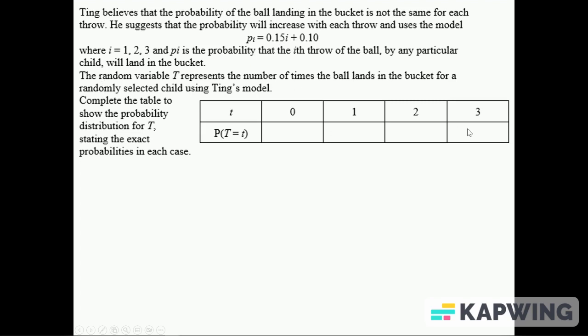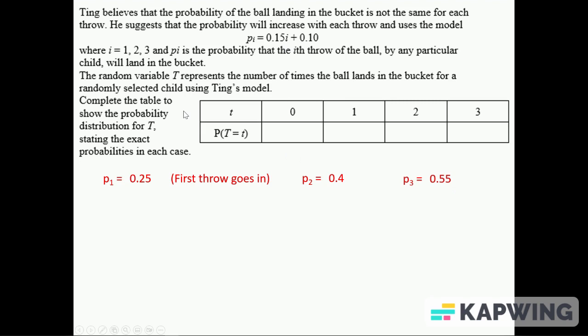And we're going to do his probability distribution as well. So the probability to get in the first throw is 0.25. Getting the second throw in is 0.4, because it's 0.15 times 2 plus 0.1. Getting the third throw in is 0.15 times 3 plus 0.1, or 0.55.